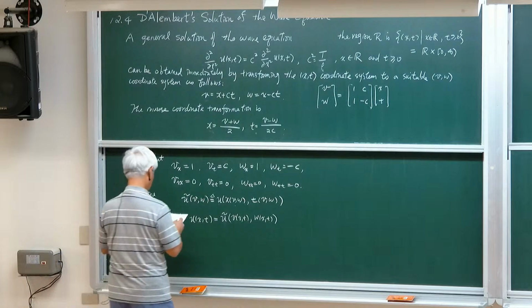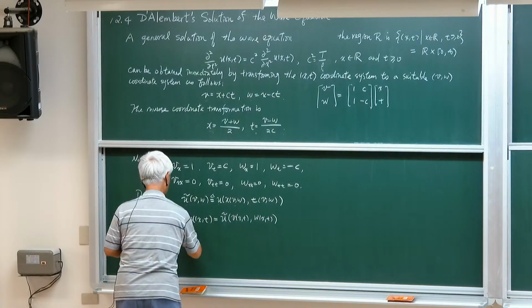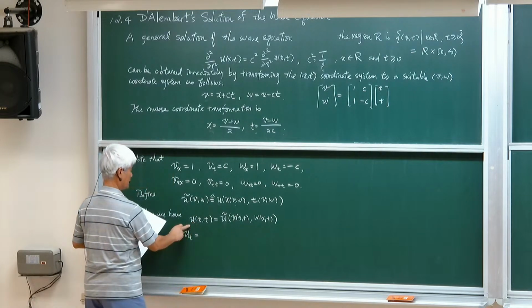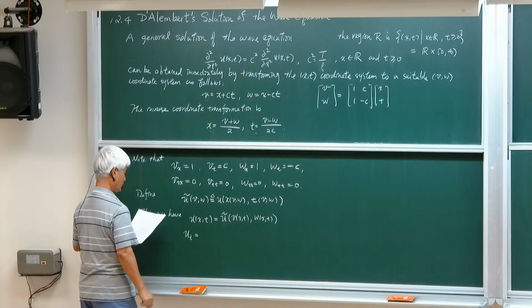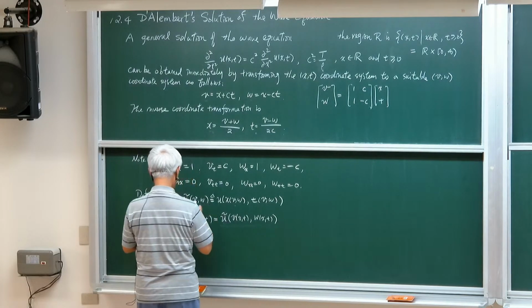VW, okay, so first of all ut, the first order partial derivative. For this we use the chain rule.